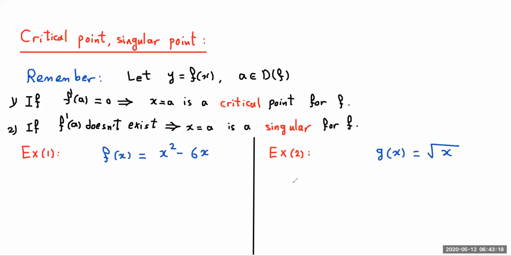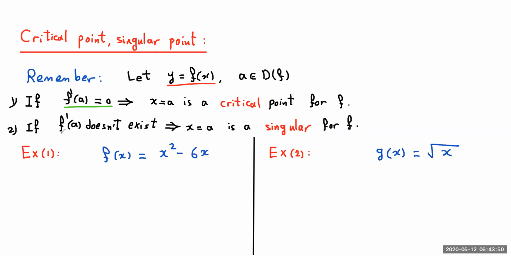Now, what is the definition of the critical point and singular point for a function in two variables? Let's at first remember the definition of the critical point of a function y equal f(x) in one variable, where let's suppose the point A is in the domain of the function. So if the derivative of the function at this point is 0, then we will call this point critical.